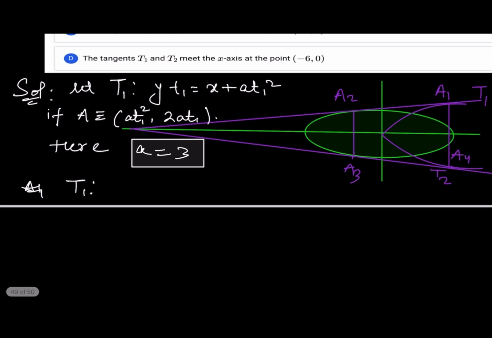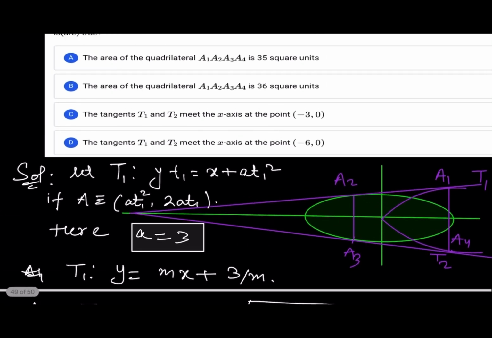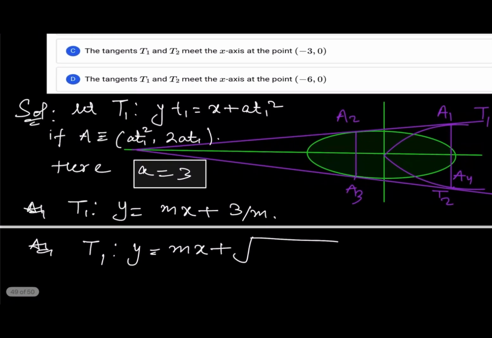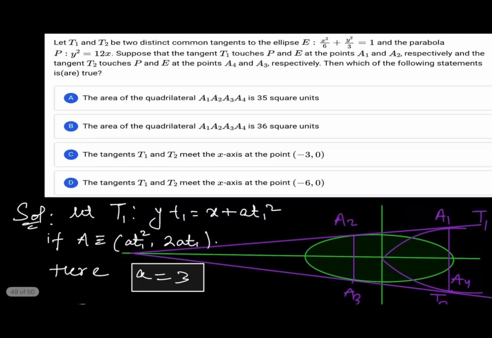So T1 can be y is equal to mx plus 3 by m, and T1 is also the tangent for the ellipse, so you can write T1 as y is equal to mx plus root over a square m square plus b square, and a square in this case is 6, right? So 6m square plus b square, and b square is 3.